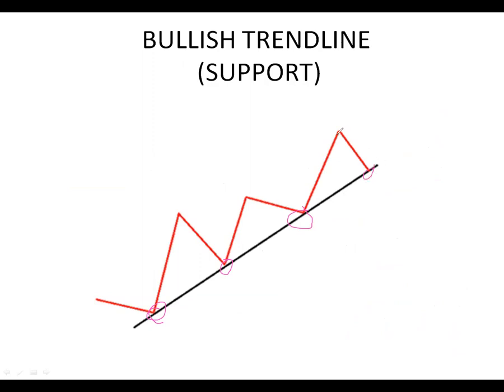So once the market comes to touch this line, then there is a probability that the market will bounce off this line and go back up. So once you have two major downs connected, the next time the market comes to test that line, there's a possibility that it will touch that line and bounce off and go up.